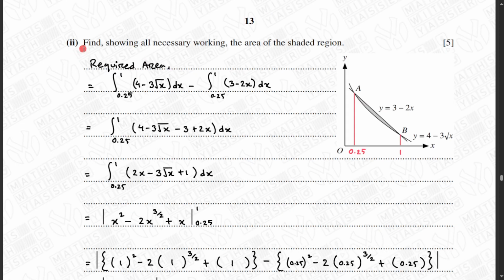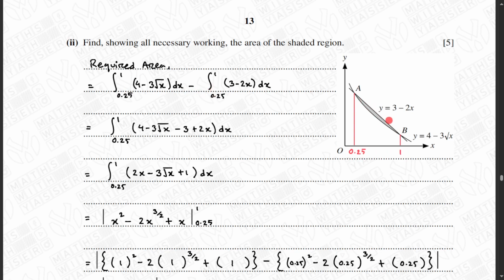In the second part of the question, we are asked to find, showing all necessary working, the area of the shaded region. So for this, we have already found the x coordinates, and that will act as limits of integration. So those are 1 and 0.25.